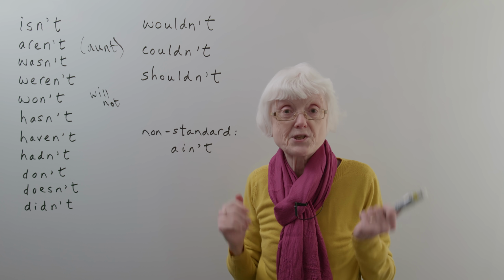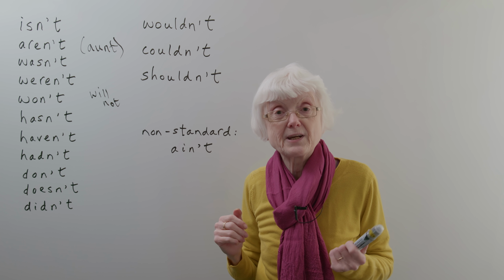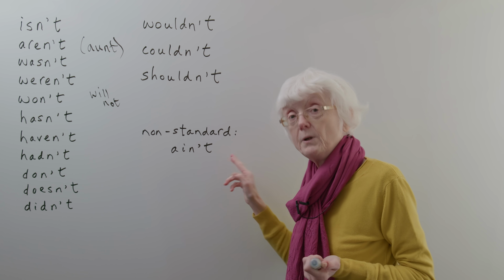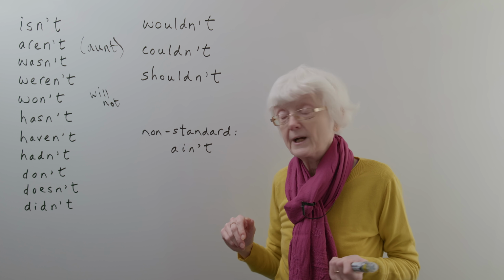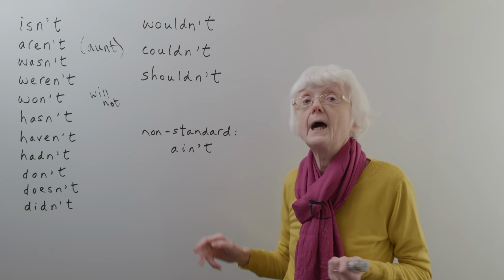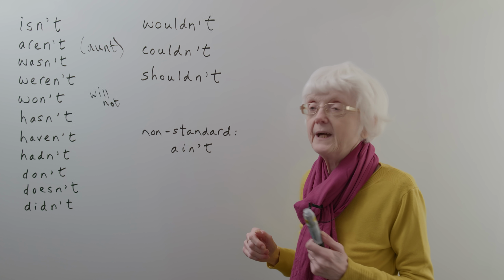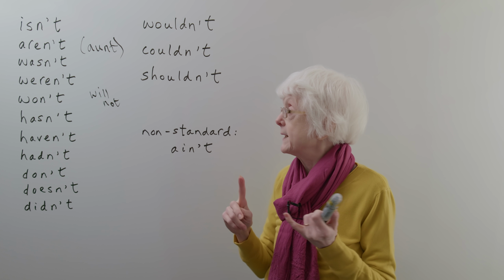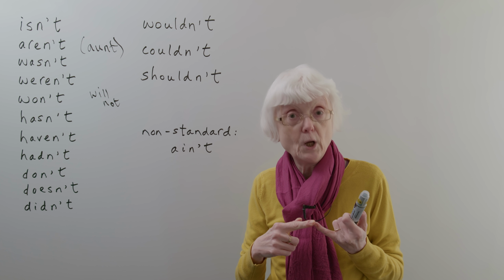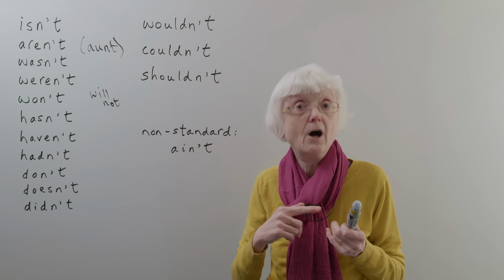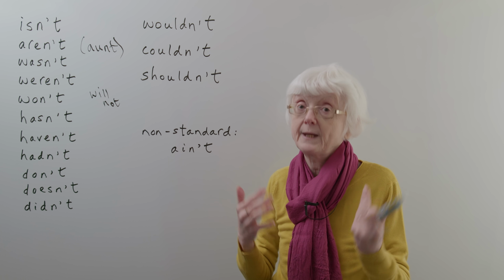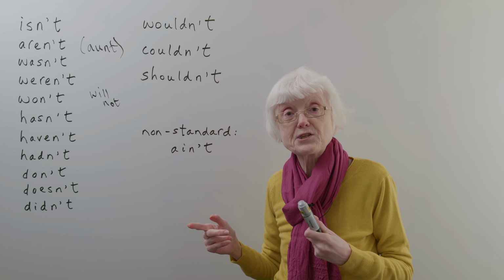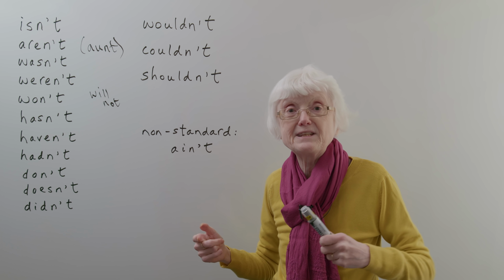If you've not seen that one yet, you might like to have a look at it. But this is a non-standard form of a negative contraction. Ain't. It goes with the verb to be. It means am not, is not, are not. It can go with any pronoun: I ain't, you ain't, he ain't, we ain't, they ain't.